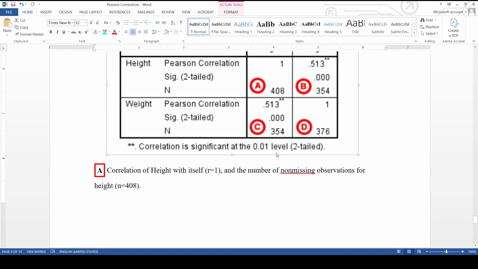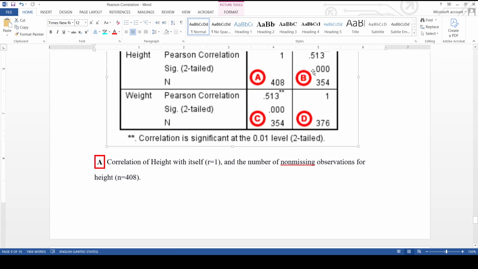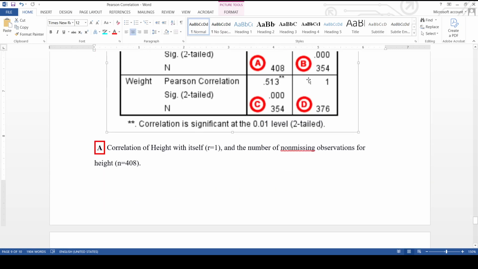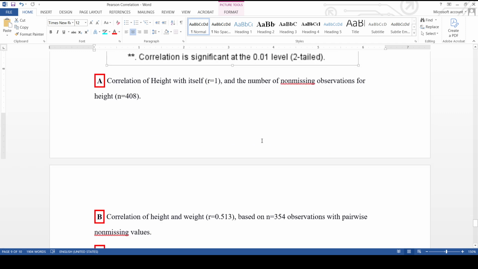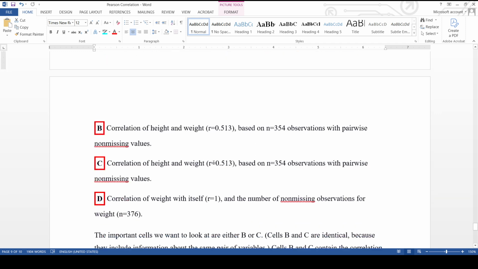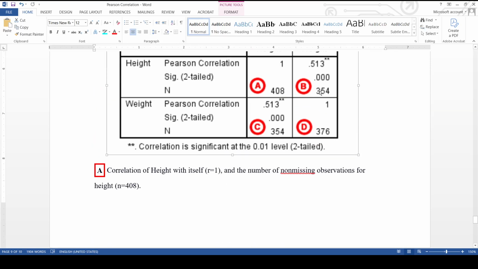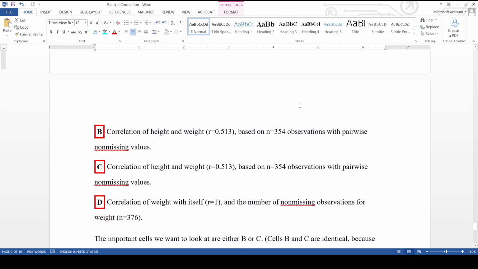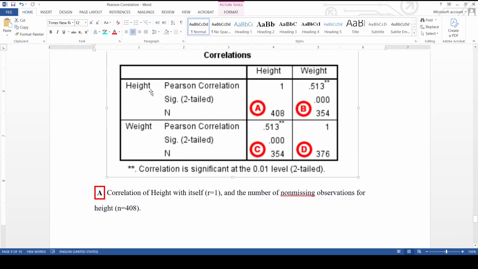Let's go to B. If you look at this, the correlation of height and weight, R, is 0.513. When we have point, this means 0.5. Our R here is 0.513 based on a value of 354. I repeat, the correlation of height with itself is 1 over the total number of outcome.